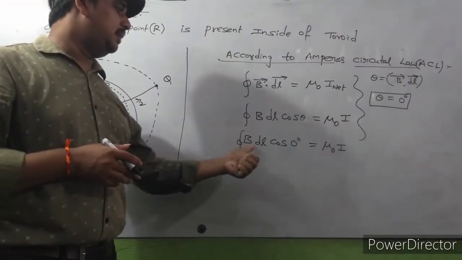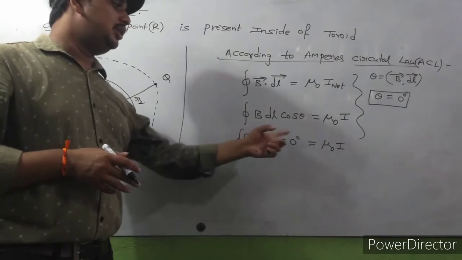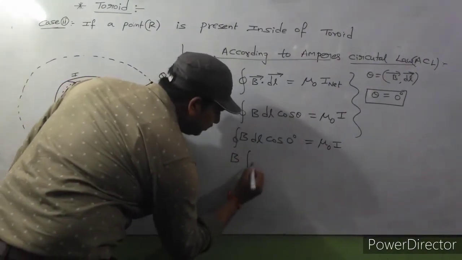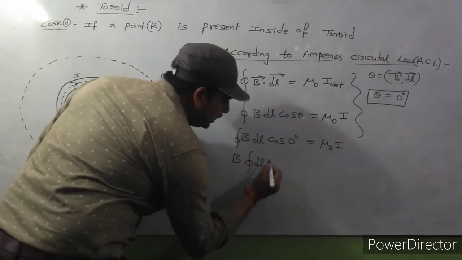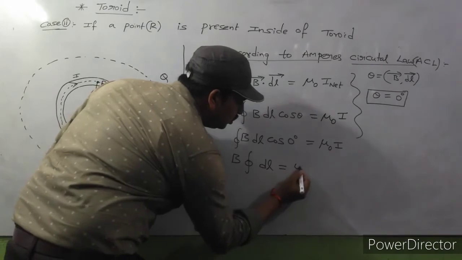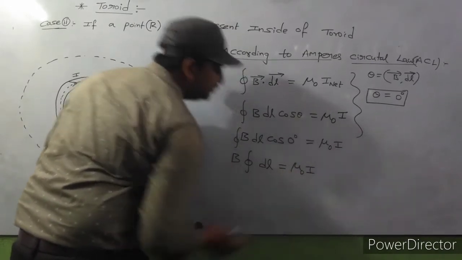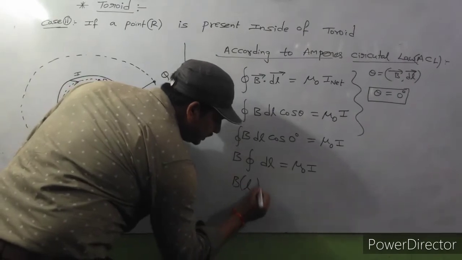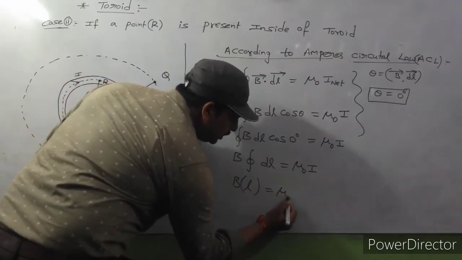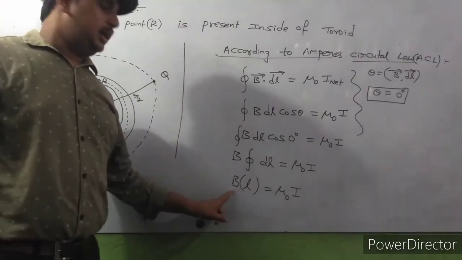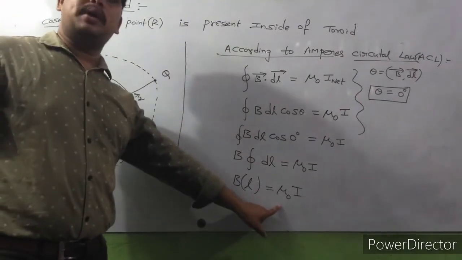Next, integral B dl cos 0. Then what do we get? B is constant, integral dl is equal to mu naught into I. So B into integral dl, which is L, is equal to mu naught into I. Observe carefully, B into L is equal to mu naught into I we got.